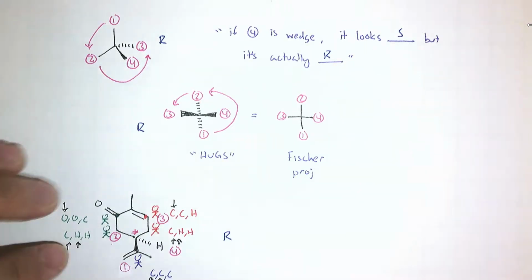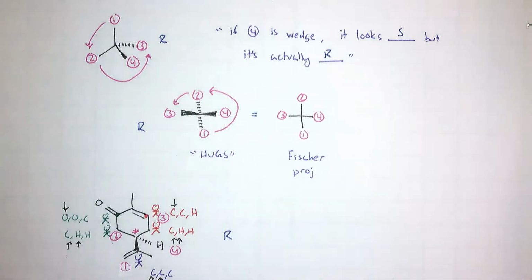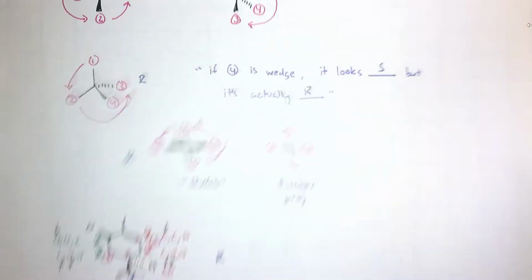So now we're left with if priority number 4 is a line, and I'm going to use a new piece of paper for this. Okay. Let us try something. Let's try one that might be easy for us to visualize.